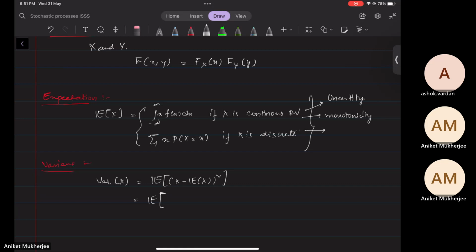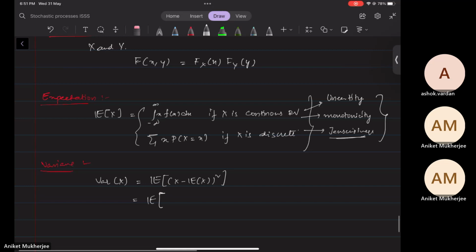Then there is Jensen's inequality. I'll tell about all the properties once we get to those topics.